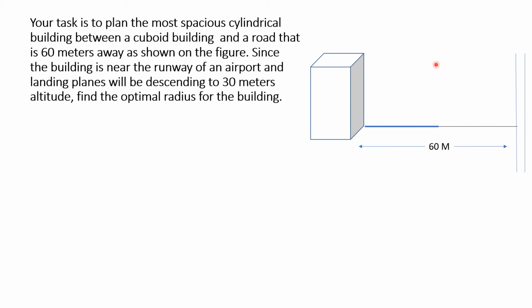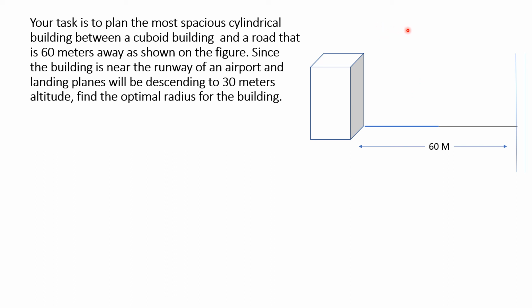We want to place a cylindrical building between them. Since the building is near the runway of an airport, there will be an airport over here to the right of this road, and landing planes will descend to 30 meters altitude. That means there will be 30 meters altitude.